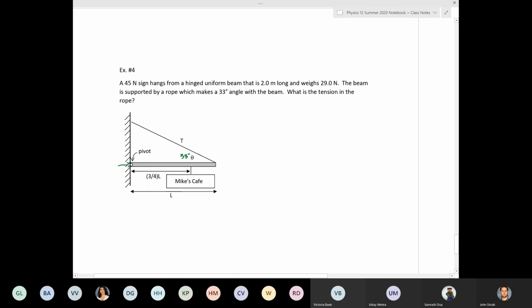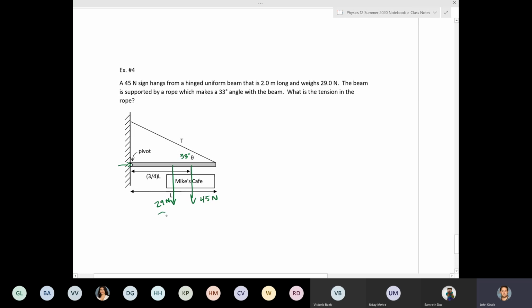So what we want to do is start drawing in our forces, just like a free body diagram type of thing. So 45 newton sign, so this right here is 45 newtons. Okay. Uniform beam that's 2 meters long and 29 newtons. So halfway down the beam, there's another force that's 29 newtons. And these are both perpendicular.